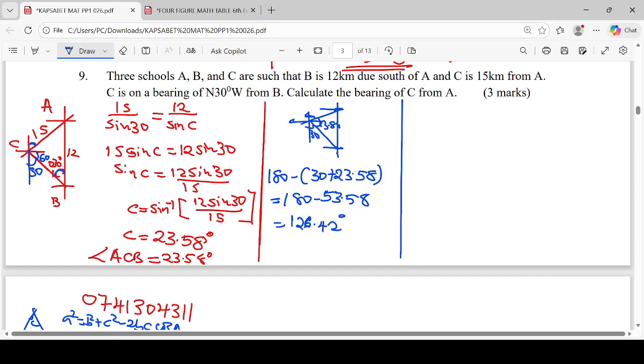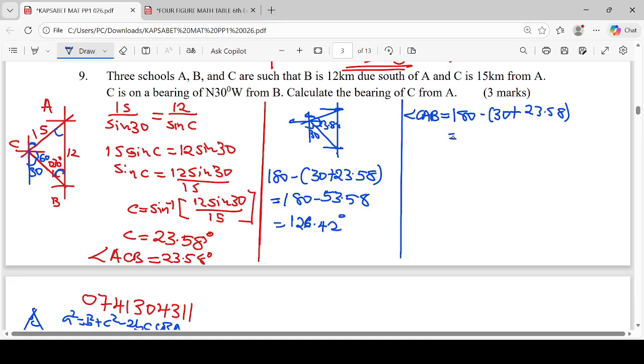Or what I'll do, it's very simple. Because the whole of this should be 23. Sorry, the whole of this should be 53. Just hold on. Because the whole of this one here should be 23, I can get this angle. I can now say angle CAB is equivalent to 180 minus 30 plus 23.58.